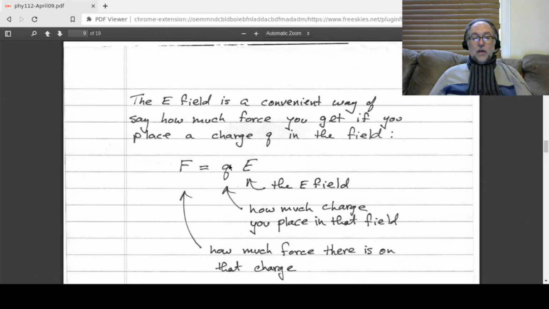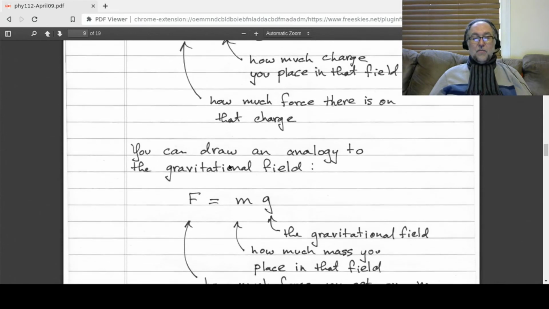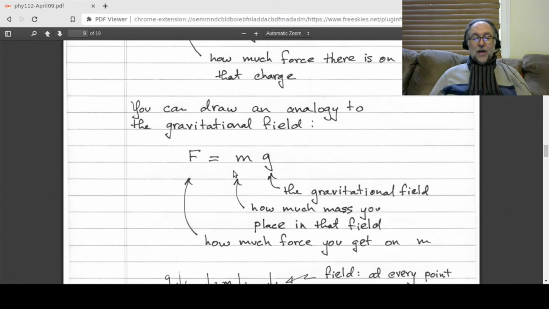And this formula should look kind of familiar because you can draw a direct analogy to masses in a gravitational field. If you've got a mass M, and you put it in a gravitational field that is little g, 9.8 meters per second squared, then there's a force on it.